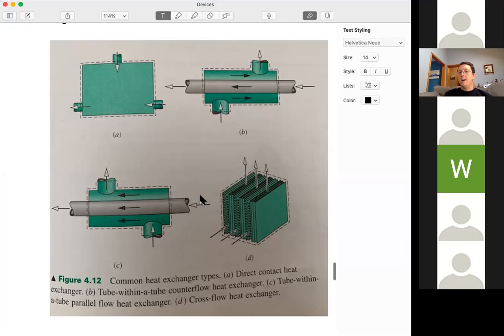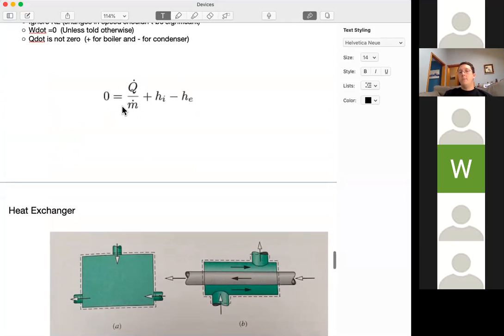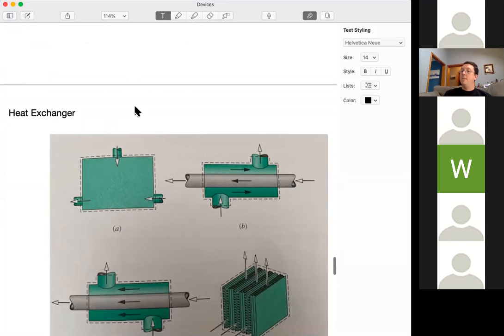The other complication for these is that now you don't just have one inlet and one exit, you have two inlets and two exits. So when you write down your energy equation, you can't just call it M dot. You have to label M dot input 1, M dot input 2, exit 1, exit 2.